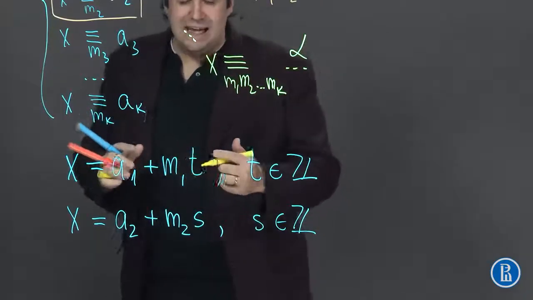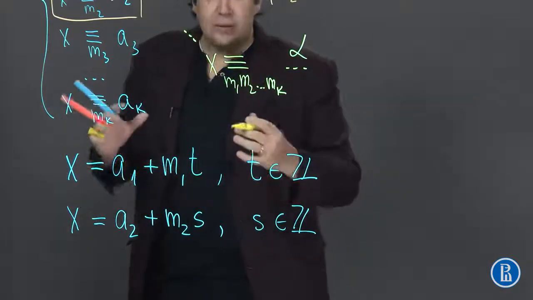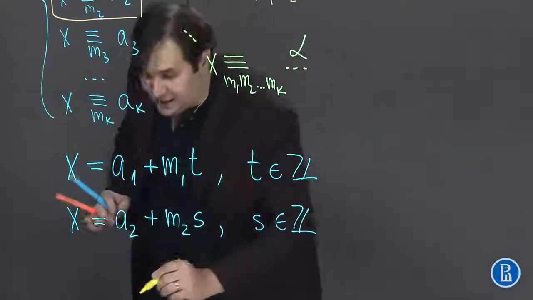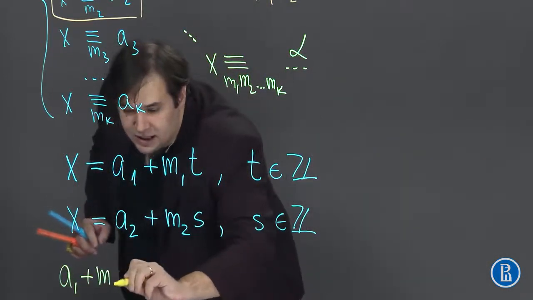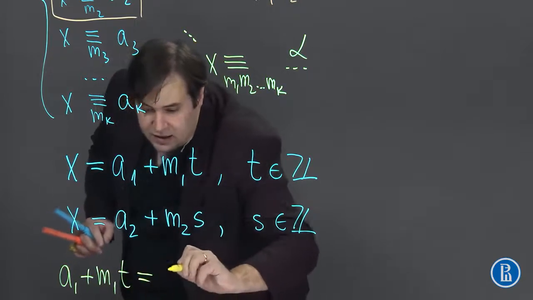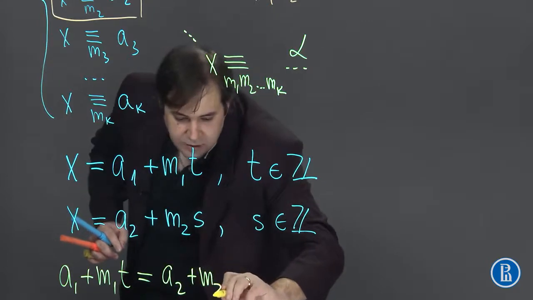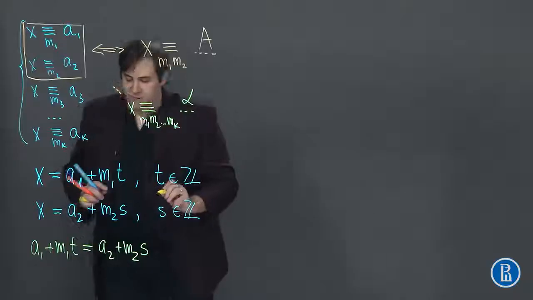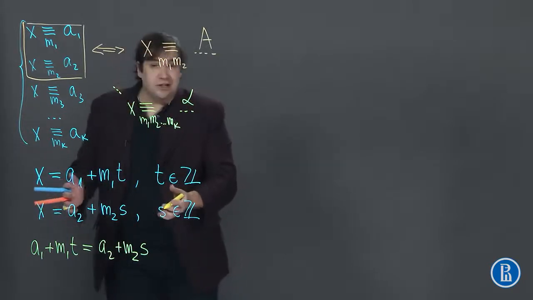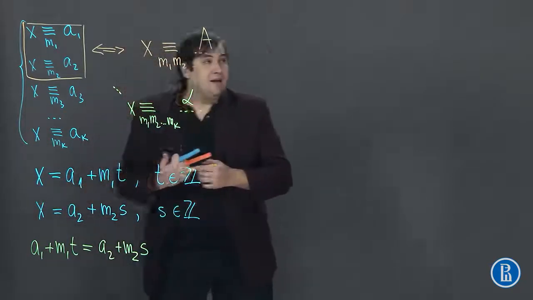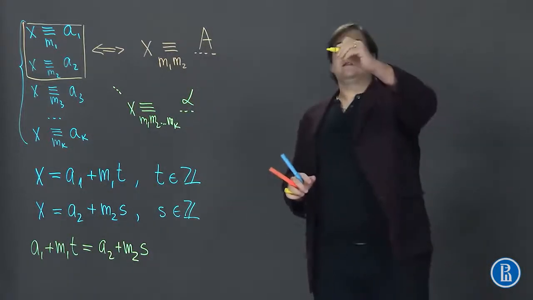Now we can exclude x from these two equations and write an equation on t and s, namely a1 plus m1t should be equal to a2 plus m2s. Well, this is a linear Diophantine equation with two variables. We know how to solve such equations. Let's write it in standard form.